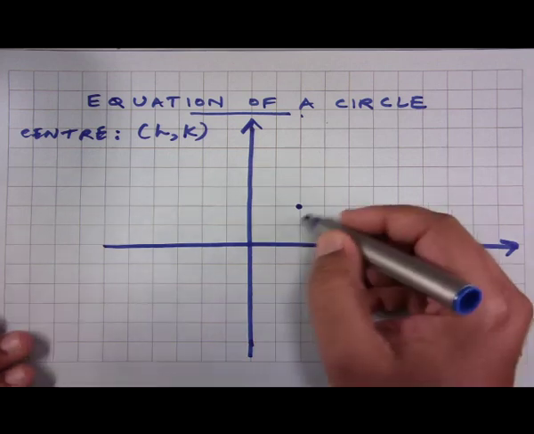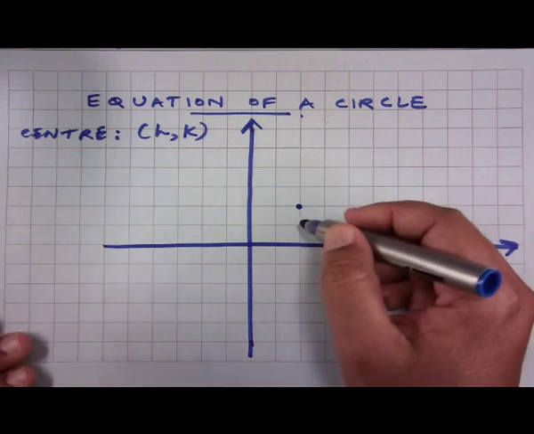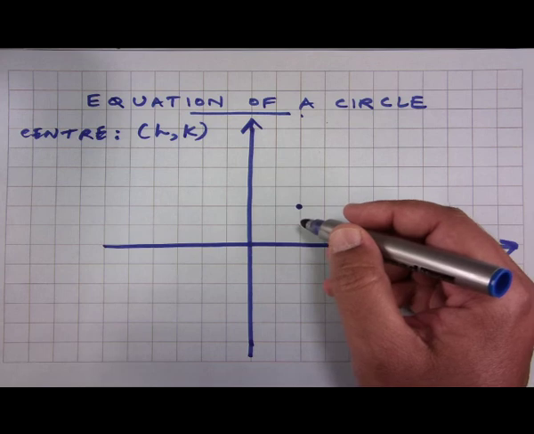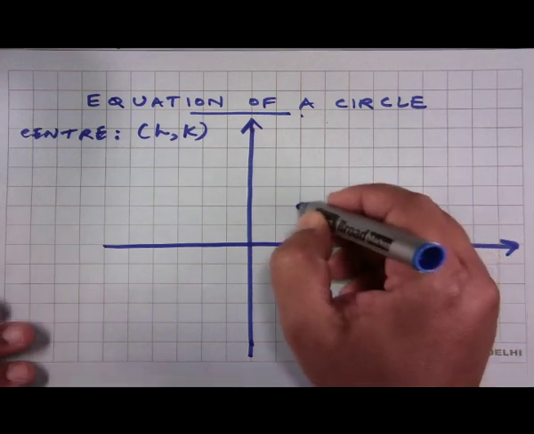So, the x coordinate of the center is h, the y coordinate is k.